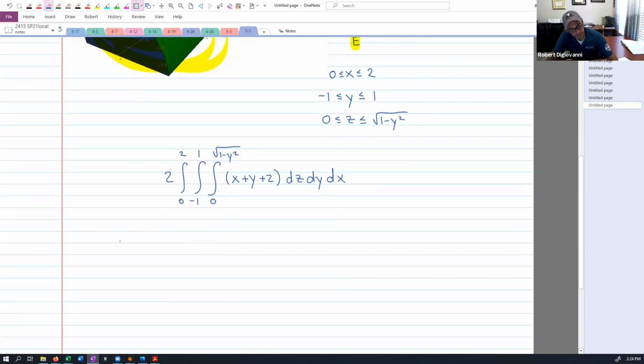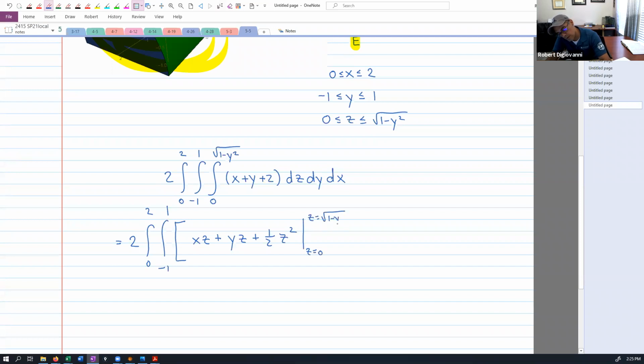Let's do it. 2 integral 0 to 2 integral -1 to 1. Okay, antiderivative time. xz plus yz plus 1/2 z squared. So I did the antiderivative of each of these with respect to z, evaluating from z equals 0 to z equals the square root of 1 minus y squared. After that, I'll go dy and then dx.